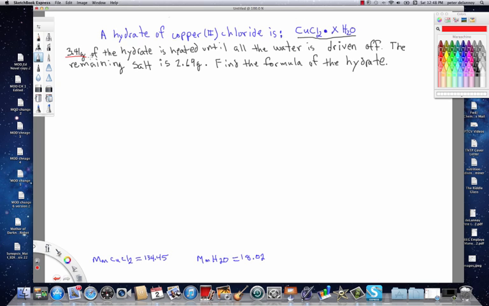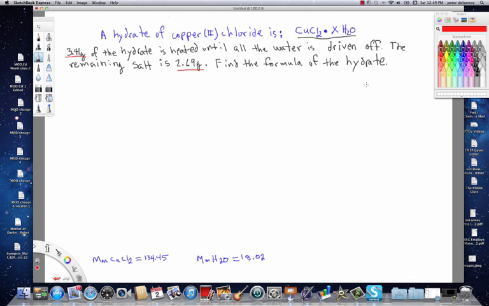So we're going to take 3.41 grams of that hydrate and we're going to heat it, driving off all of the water. And after the water is driven off, then we're going to remass the material, and the new mass is 2.69 grams. So this is the mass of copper chloride remaining after the hydrate has been heated.